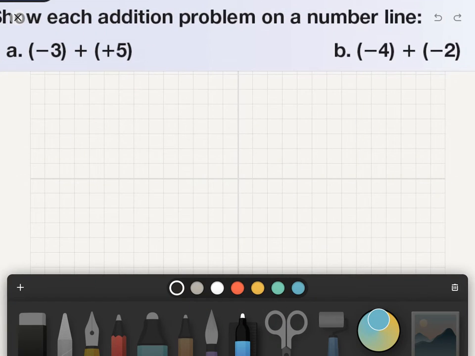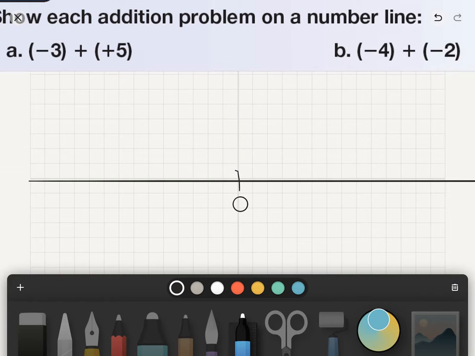All right, Saxon number lines, which we have done. So we're going to review it really quickly.